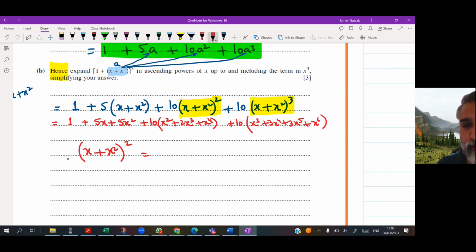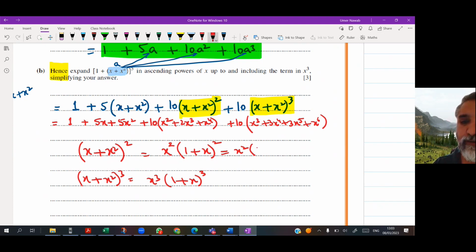You can take x common. When you take x common, the square will also come along with it, and you will have inside the bracket 1 plus x raised by 2. And x plus x squared raised by 3 means when you take x outside, it will be x cubed and 1 plus x whole power 3.